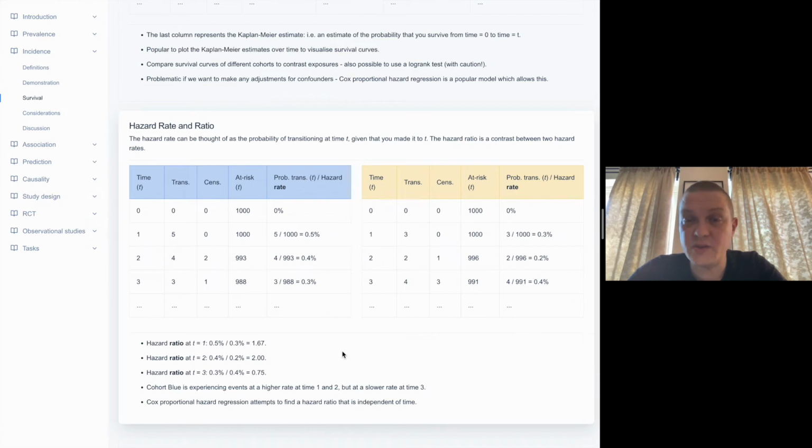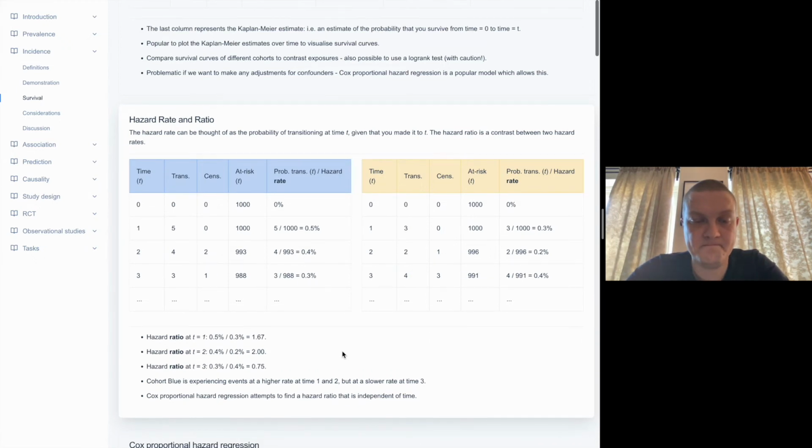And if the hazard ratio is 1, then both groups are experiencing it equally. And obviously, if it's lower than 1, just like an odds ratio, then the other group is experiencing it at a higher rate. Okay, so the hazard rate is something that is defined based on one cohort here, and the hazard ratio is a contrast between those two.